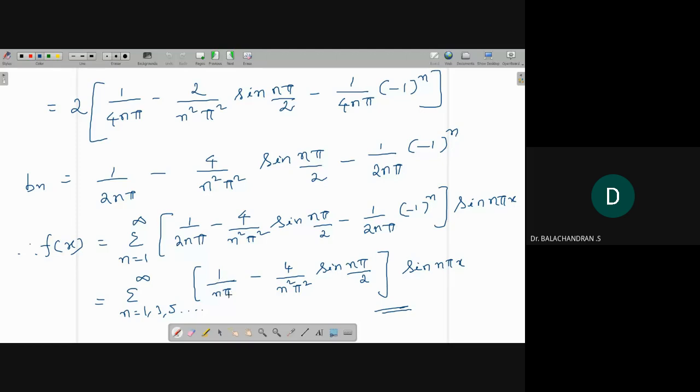So when n is odd, you have 1 by n pi minus 4 sine n pi by 2 by n square pi square, but in the book they write 2. How is it 2?